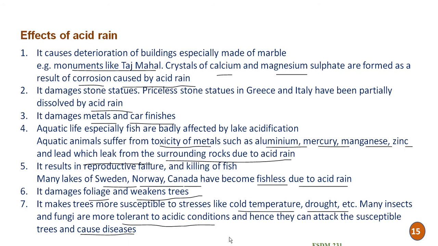As we know, these insects and fungi enter through natural or artificial wounds, and acid rain produces favorable conditions for their attack, and that's why attacks by insects and fungi are more reported due to acid rain.